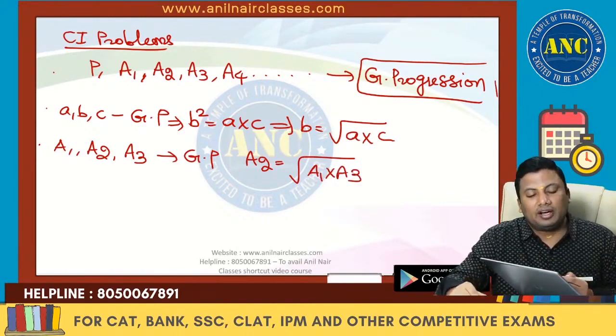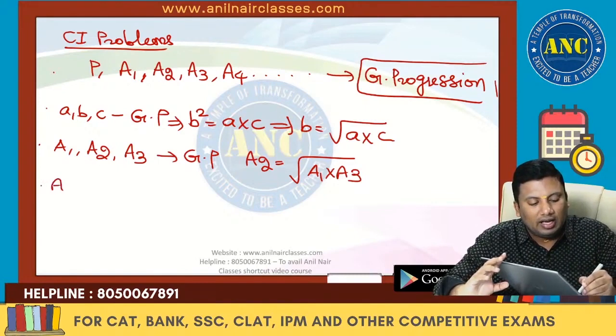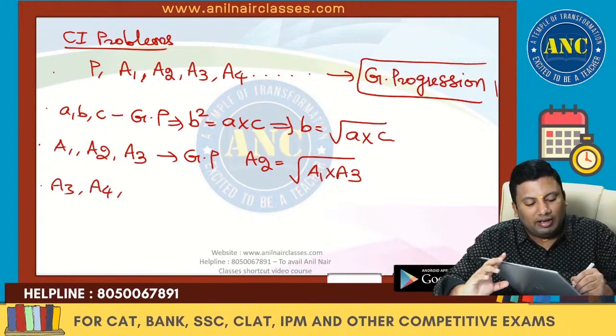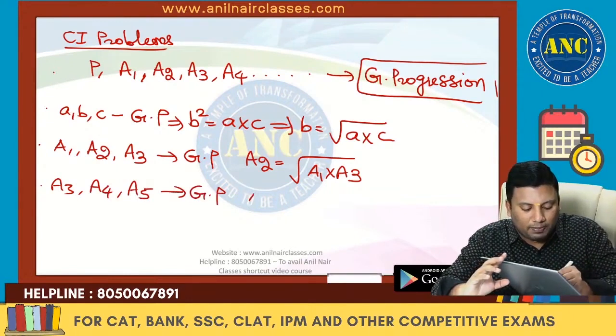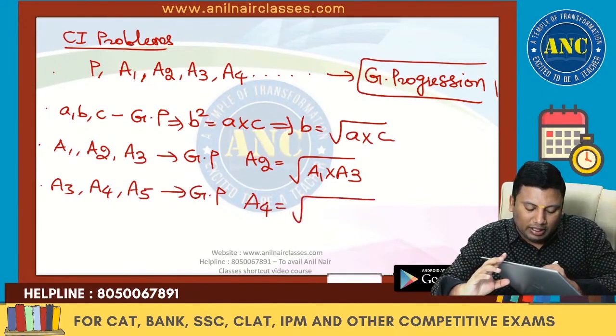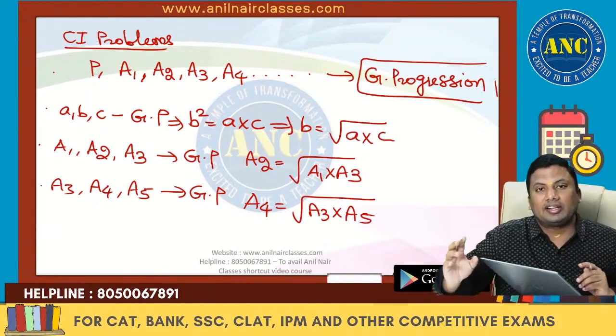Similarly, if A3, A4, A5 are in GP, A4 is nothing but root of A3 into A5. I hope the ideas are clear.